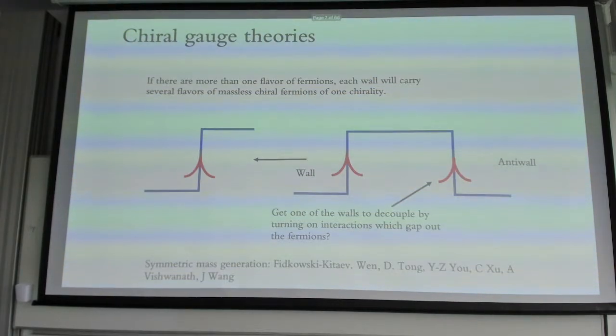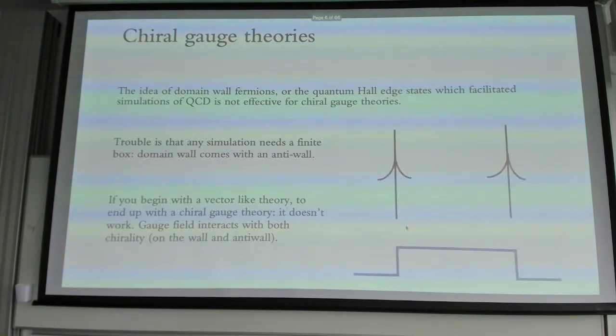But can't you just perform measurements near one wall? I think that's difficult because both walls are massless, so the results get corrupted, because the gauge field ends up living both here and here. In principle, you could try to kill off the gauge field here, but it hasn't worked so far in a convincing way.